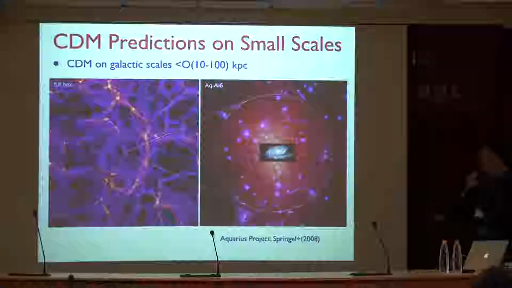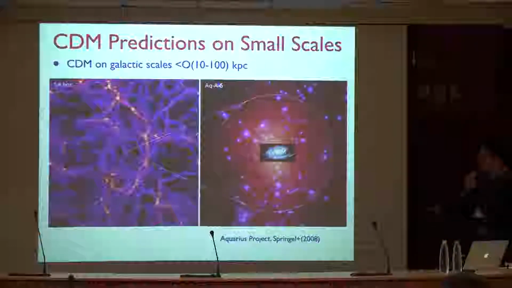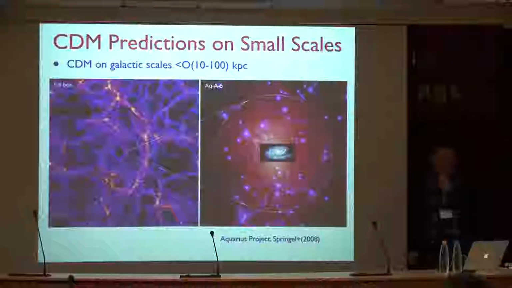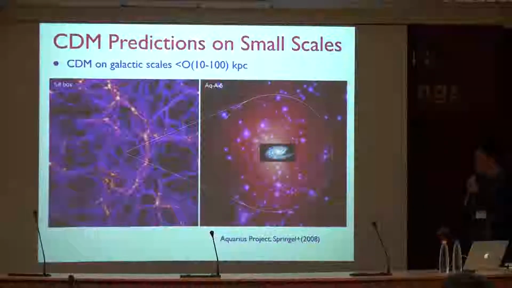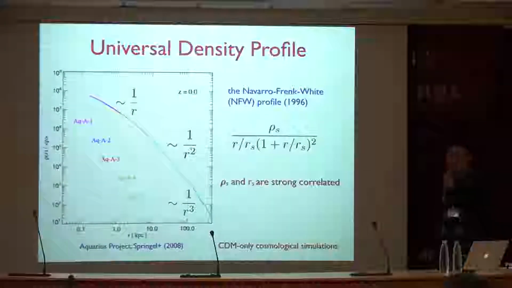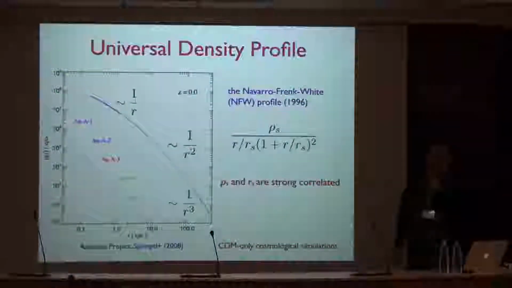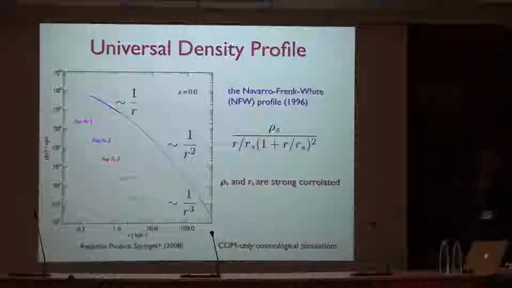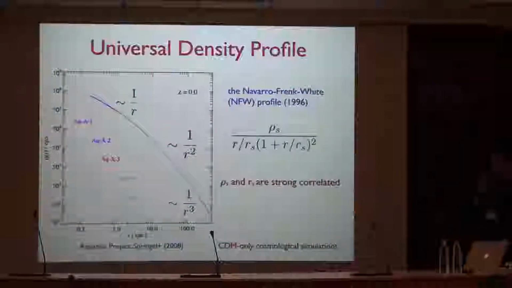Each galaxy you observe is actually hosted inside a dark matter halo, including the Milky Way. From simulation, we can also understand the dark matter distribution inside a halo. You can think of this as the dark matter density profile, the density as a function of radius, as shown here.